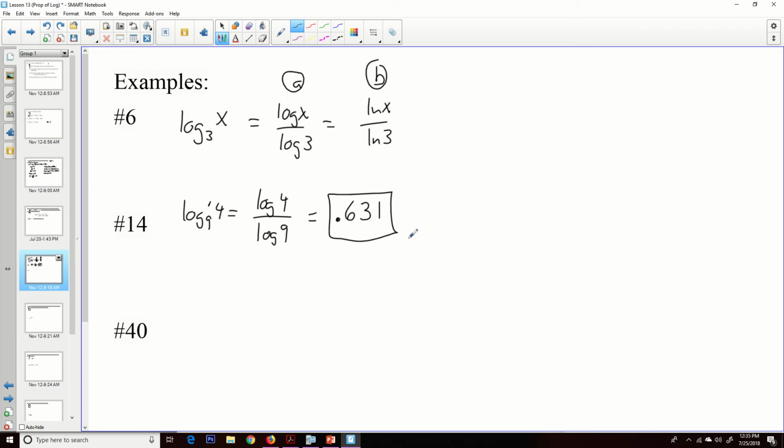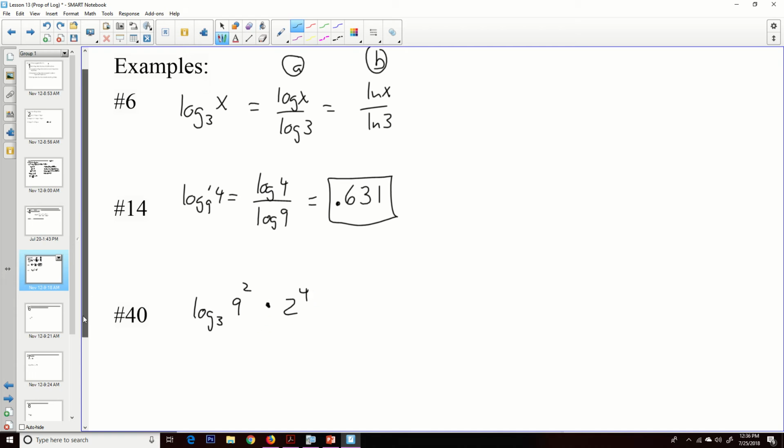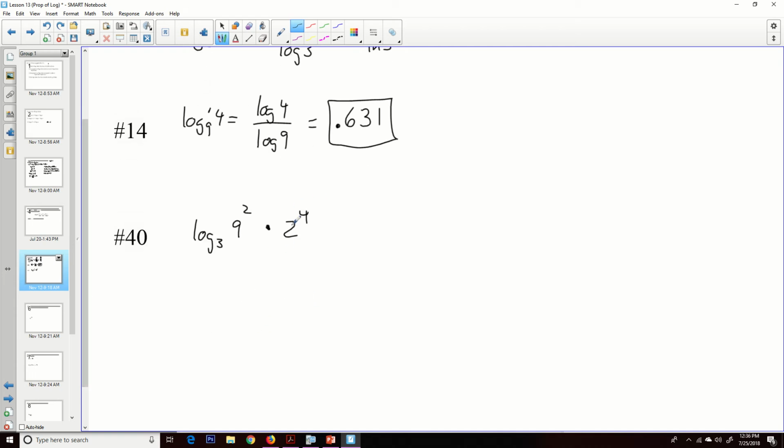In number 40, the question asks us to simplify the logarithmic expression. So we have this log base 3 of 9 to the second, and then they multiply that by 2 to the fourth. Okay, so we have this 2 to the fourth. Let's focus on this expression first before we do anything.